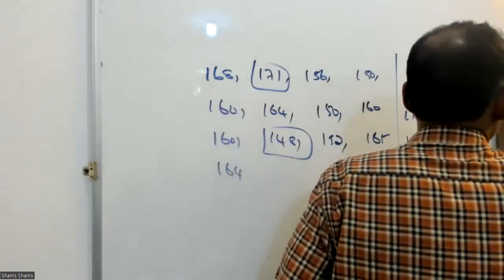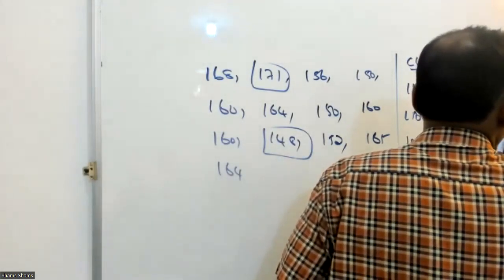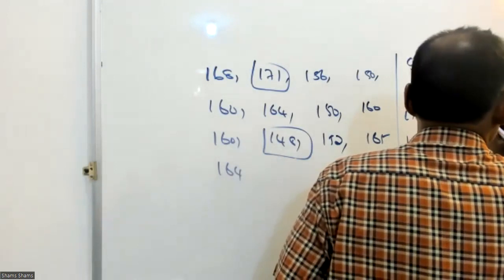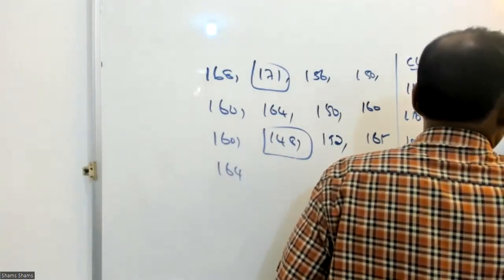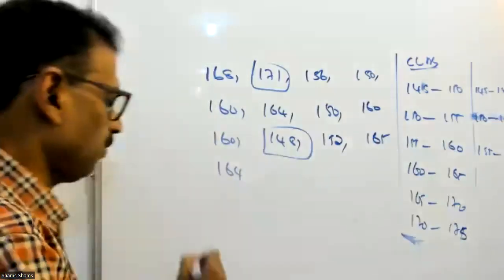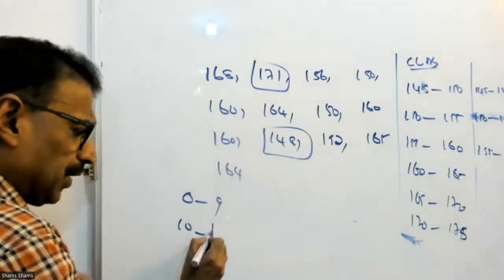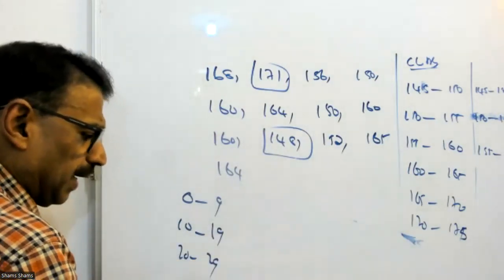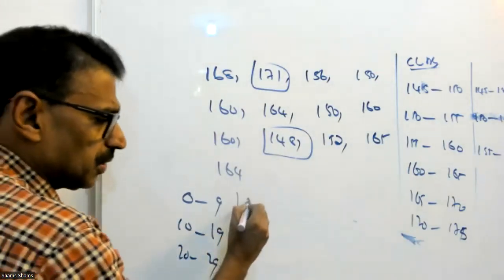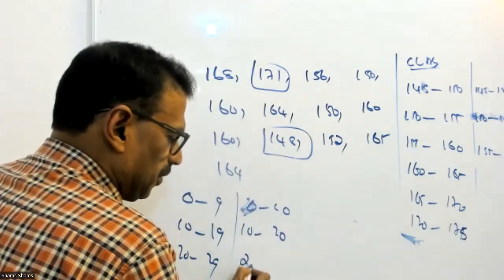145 to 149.5, 149.5 to 154.5, 155 to like that. For example, 0 to 9, 10 to 19, 20 to 29. And another one: 0 to 10, 10 to 20, 20 to 30.